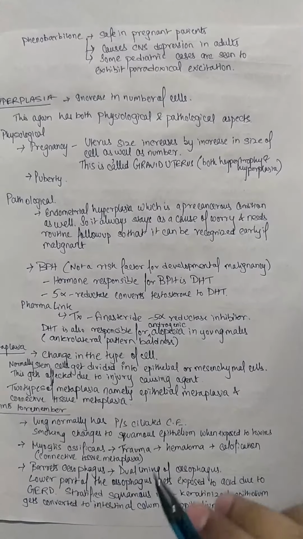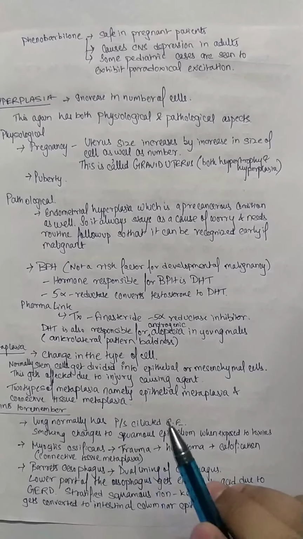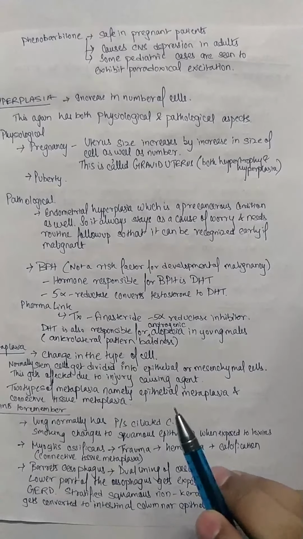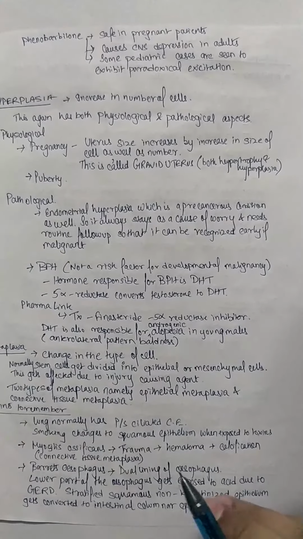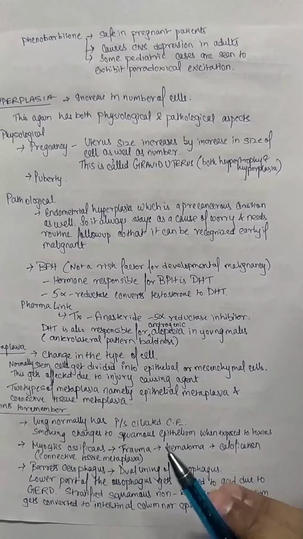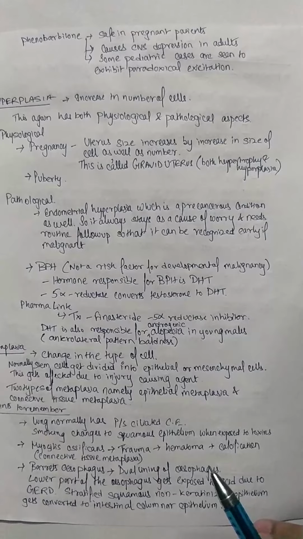And the third point which you need to remember is about Barrett's esophagus. Barrett's esophagus is a very common question, and normally it comes in the exam a lot of times. So just remember these few points, that in Barrett's esophagus we generally tend to see a dual lining of the esophagus.